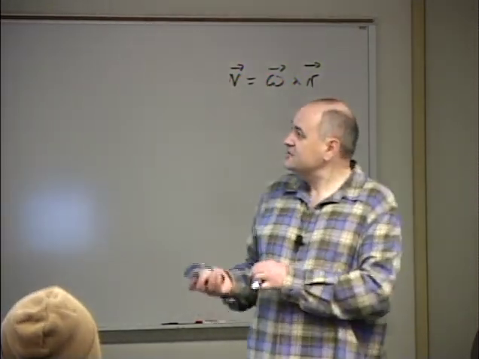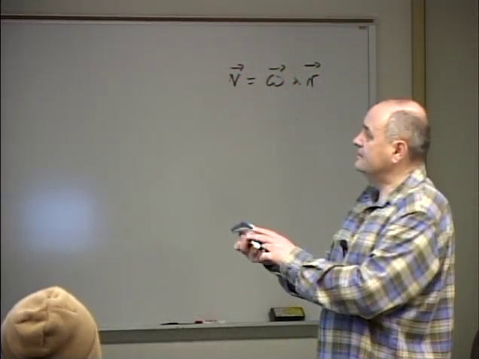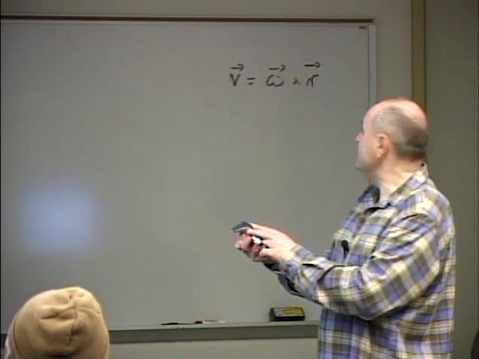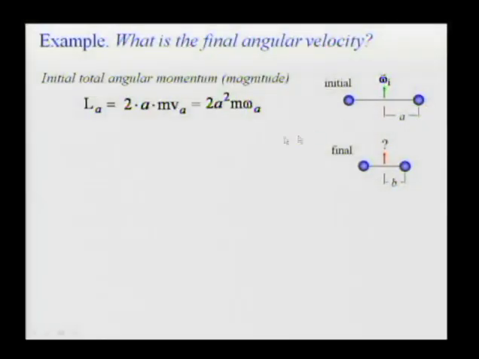So this speed is going to be the magnitude of angular velocity, which I marked over here, times the magnitude of position vector, which is the radius. This is how I got another a, times the sine of the angle between the two, so it's this 90 degrees. Do you understand that? All right.